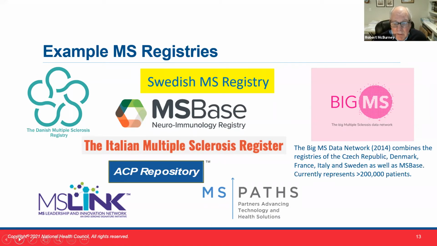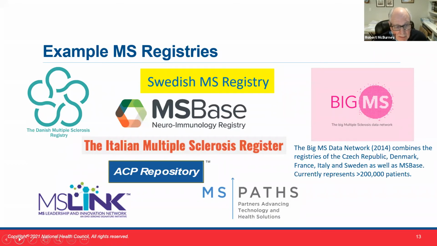It currently represents over 200,000 people with MS. The national registries and the supranational registries are very important because, as I mentioned before, multiple sclerosis is a very heterogeneous medical condition, and it comes in different forms with different symptoms and different rates of progression. And to really understand it, we need big data.